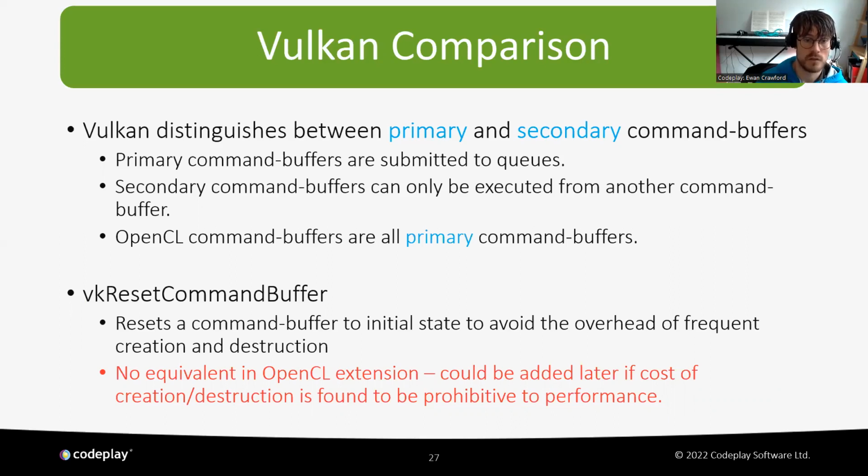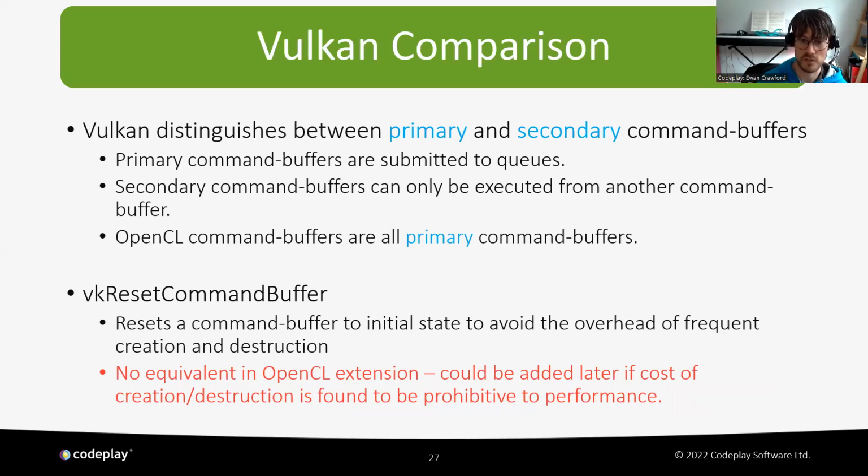This is because this is the main drive from implementers when we're looking for this. I think there is possibly a case for secondary command buffers if we want to represent some sort of graph, and you had a particular node which was a graph in itself, so a subgraph, and that might be nicely represented by a secondary command buffer.